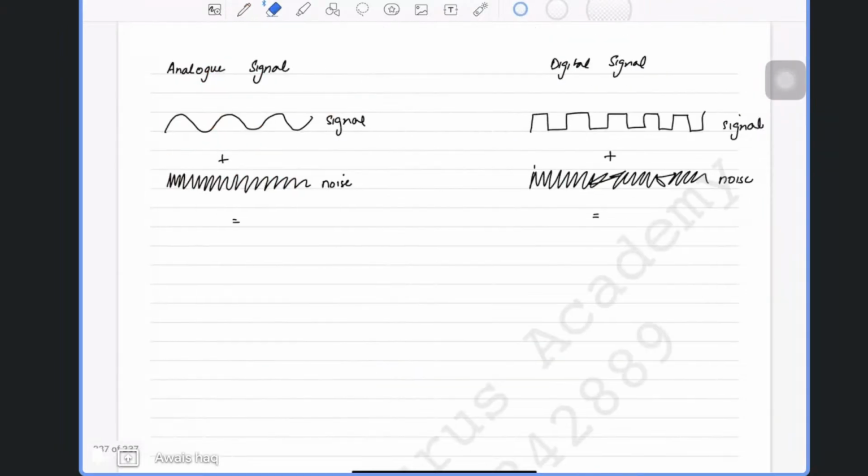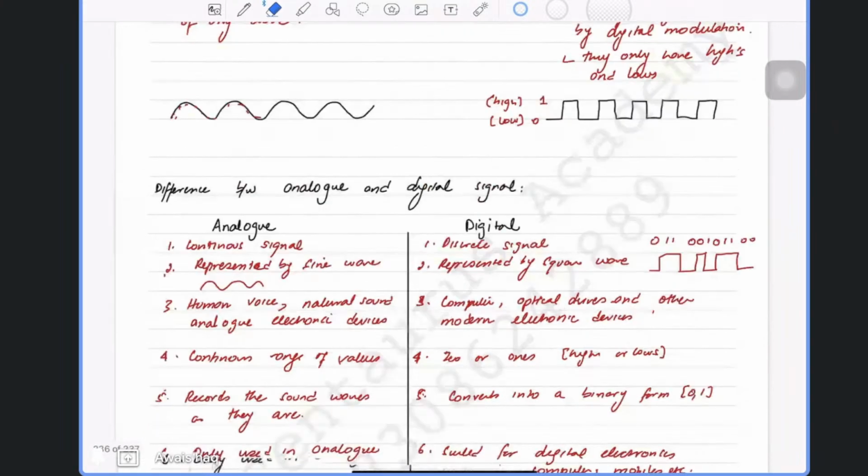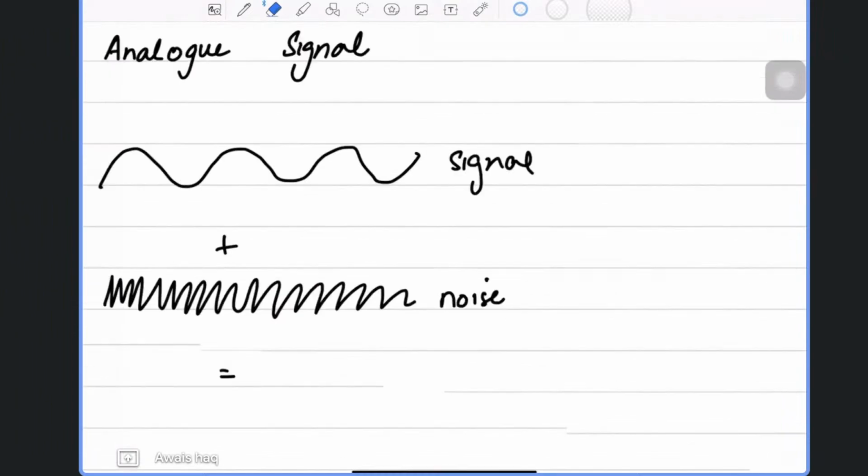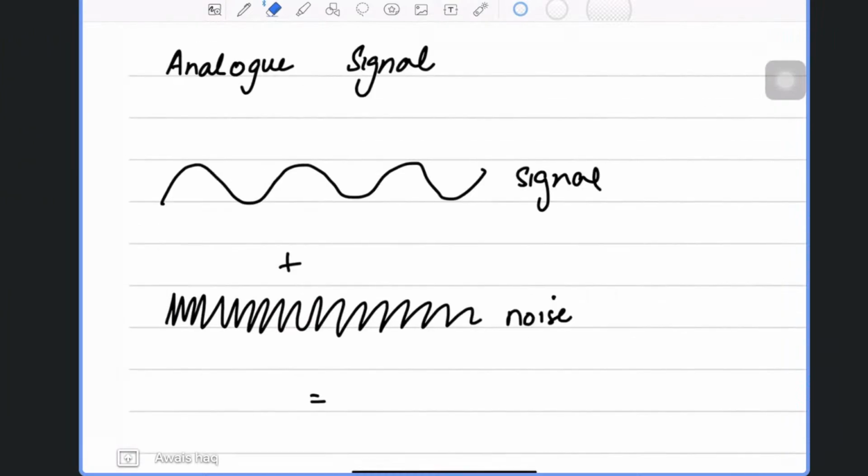So I'm just going to explain the point which I wrote, that the signals can be regenerated. So let's suppose there was an analog signal, and between this there was noise. Noise means any interference, like you were talking on the phone, and somebody is also talking on the phone from some other line, or maybe there is electrical or magnetic interference.